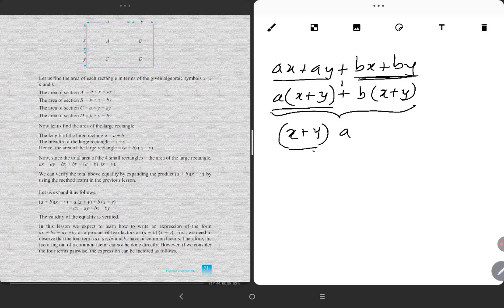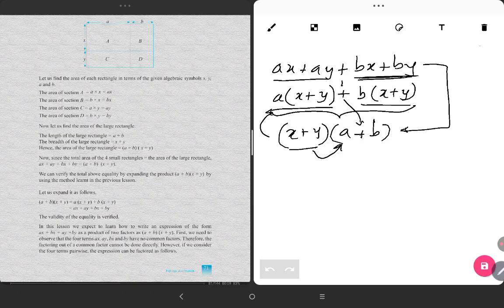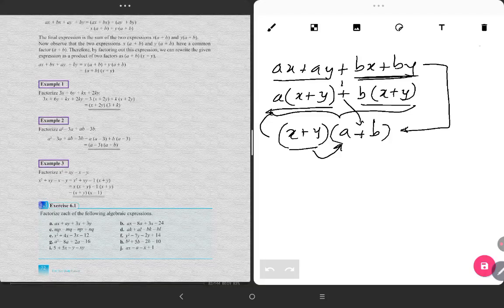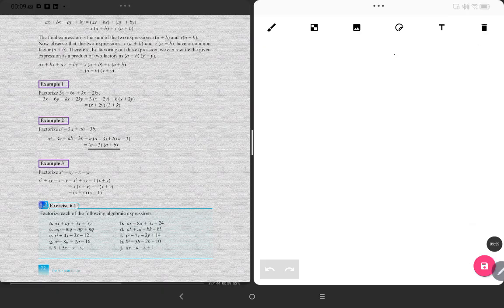So x plus y times a is basically a times x plus y, and you bring this down b, and out of this term we have taken x plus y out. Now what's remaining is b. So essentially, we can write this as this. Pretty easy, right? So let's do a few examples, then you will get it right.